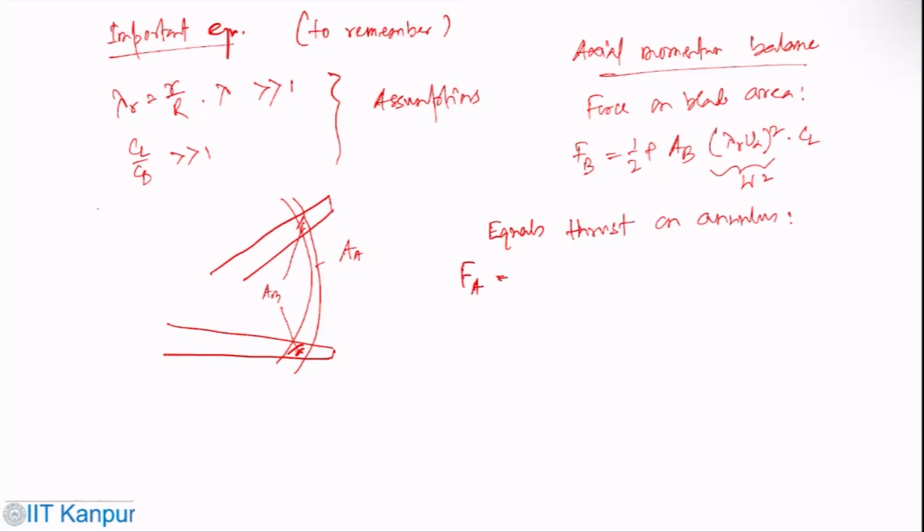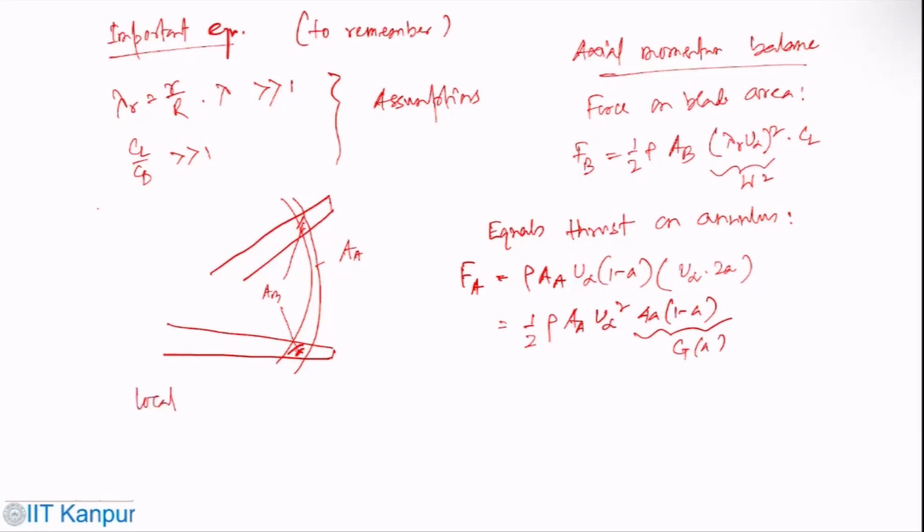If a equals to U infinity 1 minus a U infinity 2a, half rho A U infinity square 4a(1 minus a). This is CT of a.